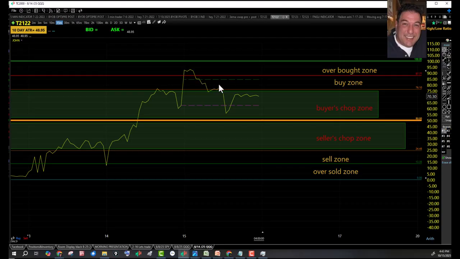We spent some time at the buy zone, and we spent the rest of the day in the buyer's chop zone right through there. So even that low, you can see the bulls bought it up. Okay, see the low comes in there into the prior close right in there. So T2122, that's bullish. Okay, up here, bullish.